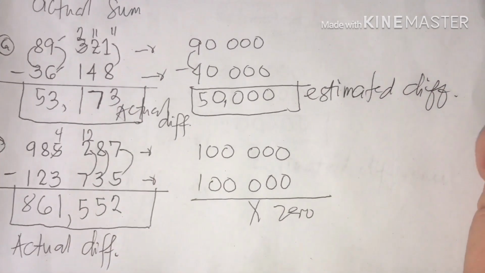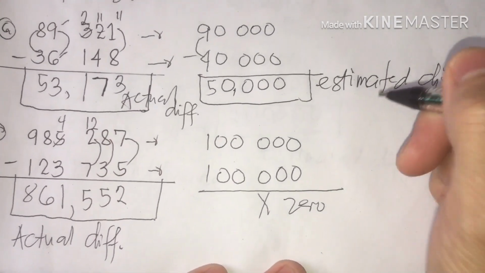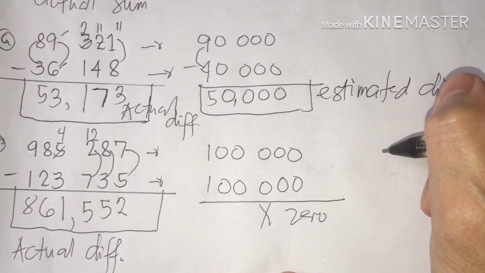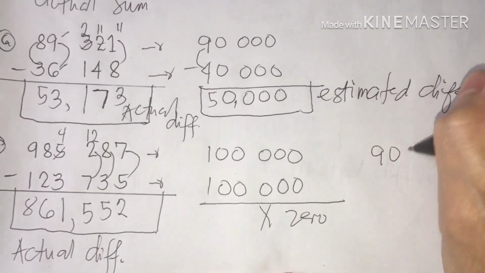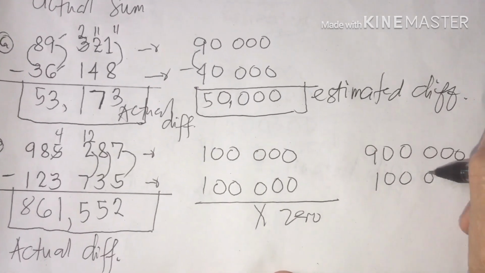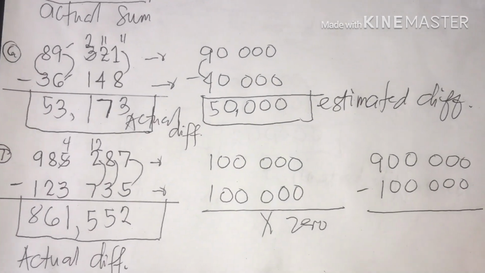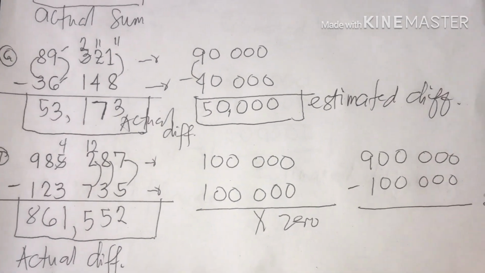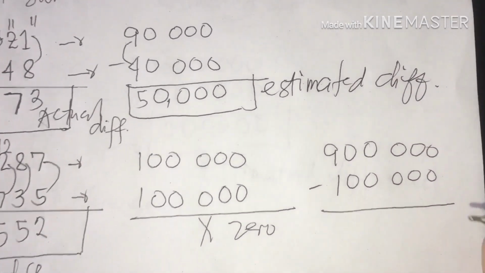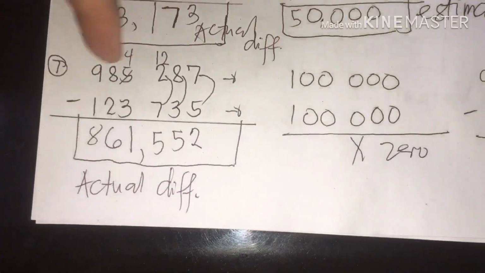So we can change it instead of giving 100,000. We can estimate it to 900,000. Why? Because there are certain cases that we need to break the rules in estimating the difference, like in number 7. You need to break the rules. Why?